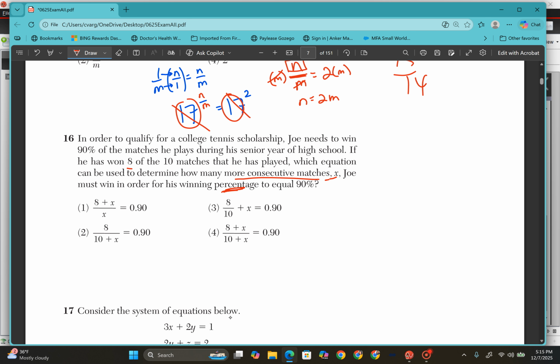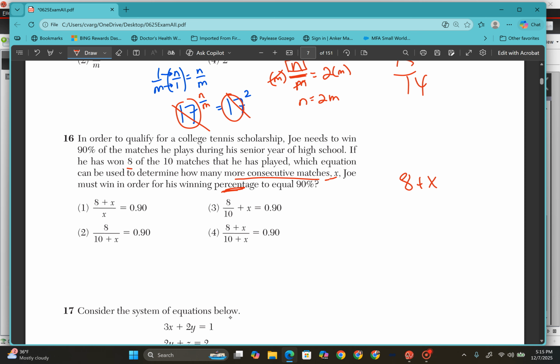This makes me think of the mean. There's 8 games that he's already won, plus another game. We don't know how many of those X's we have.